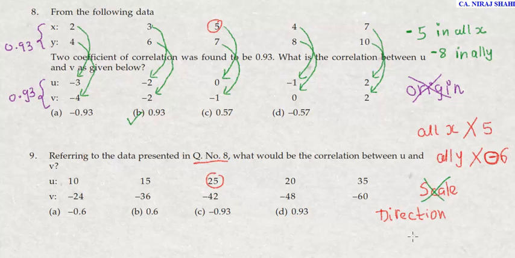There will not be any change in the magnitude here, but the direction will definitely change. So the sign will change. If the correlation between x and y is 0.93, then the correlation between u and v will be minus 0.93. So our answer will only differ in sign, and it is minus 0.93 here.